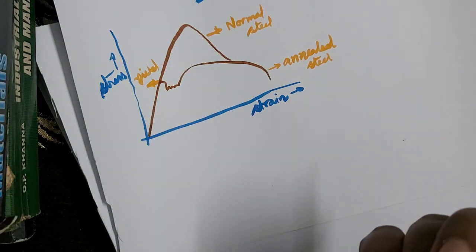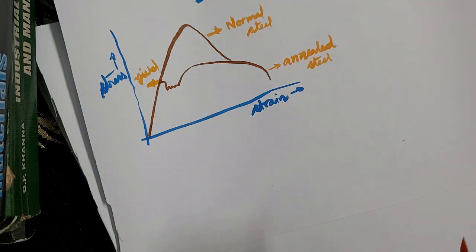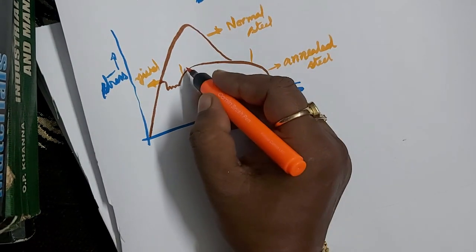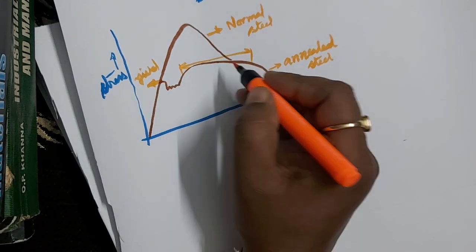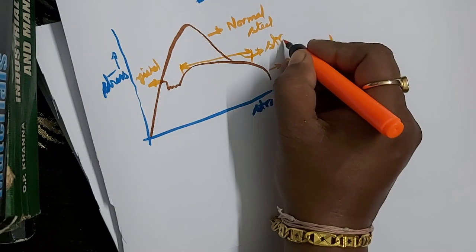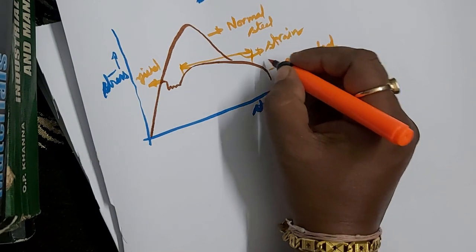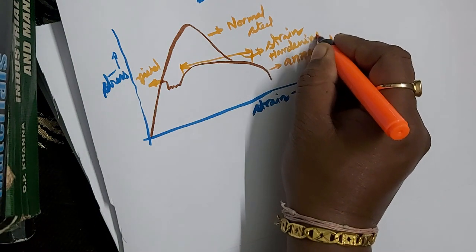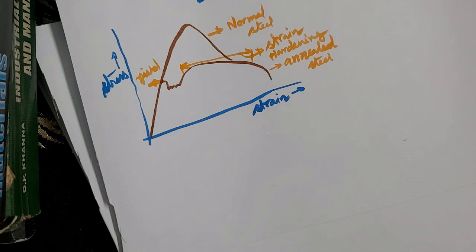This point is called yield point. And from this point to this point, this is strain hardening. Strain hardening.